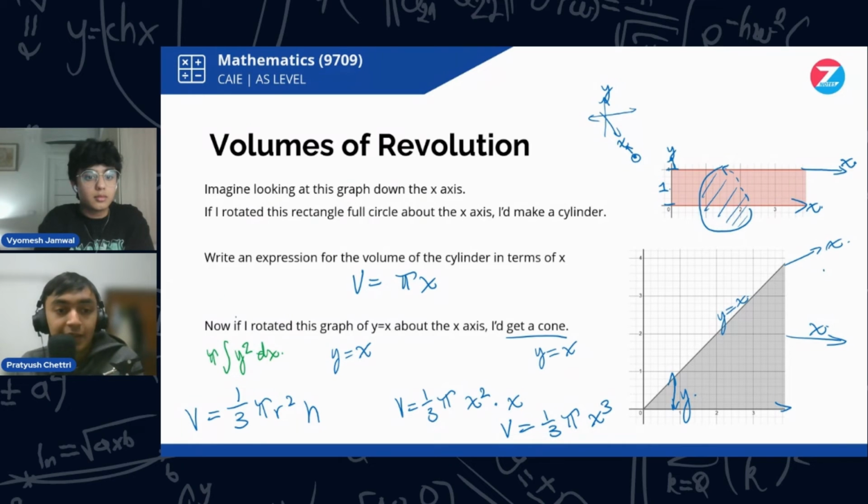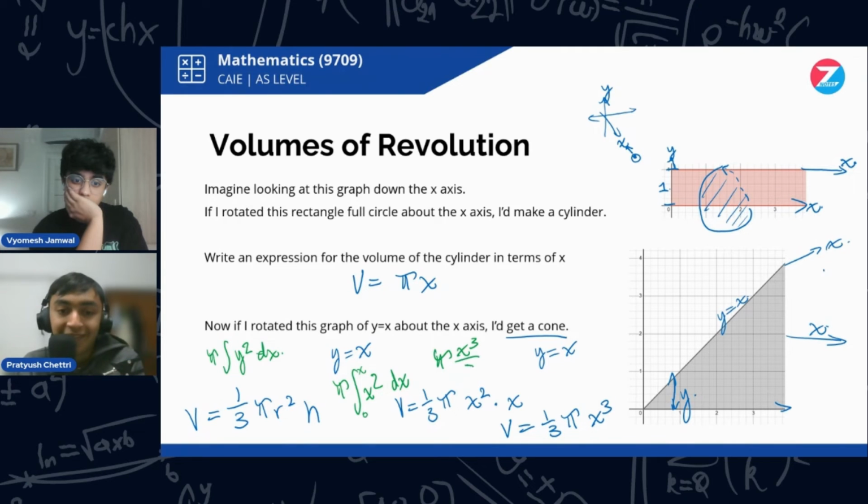Then my y is equal to x, so pi x squared dx, integrate this, pi, this is 0 to x by the way, pi times x to the power 2 plus 1, x cubed by 3, the dx goes away, from 0 to x. 0 doesn't matter, so it's just going to be pi times x cubed upon 3, because we're just going to substitute x into x.